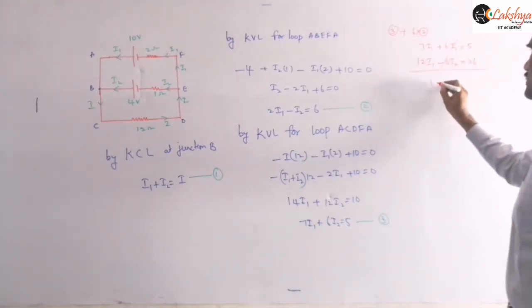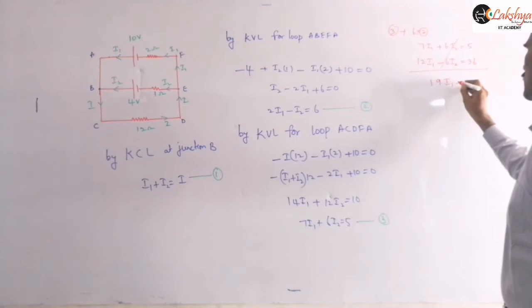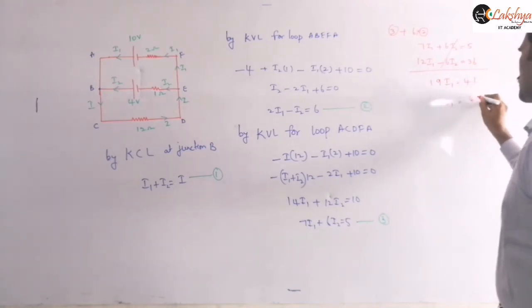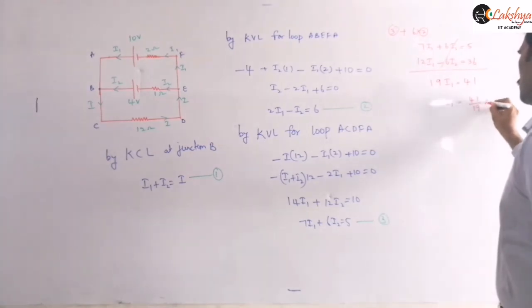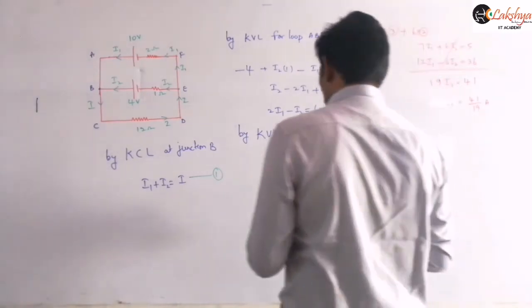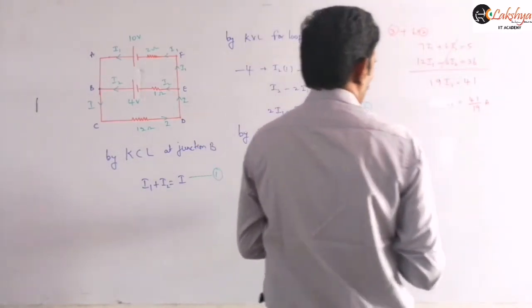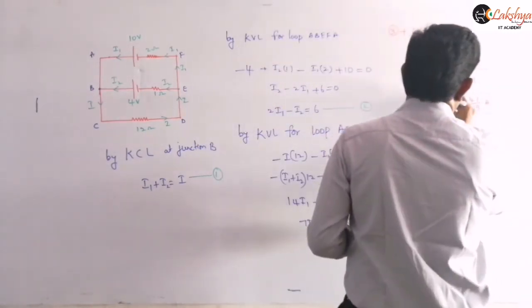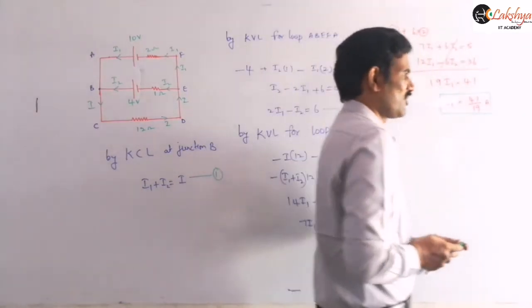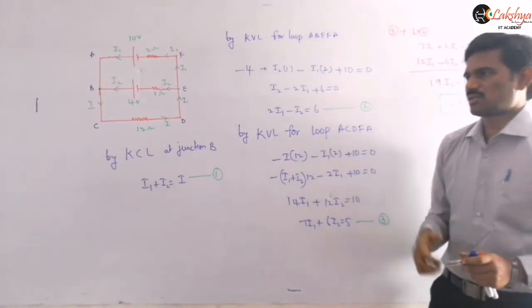So I can write this as 19I1 is equal to 41. Therefore I1 is 41 by 19 amperes. We are getting a positive sign, which means the I1 direction that we assumed is right, correct here, right?